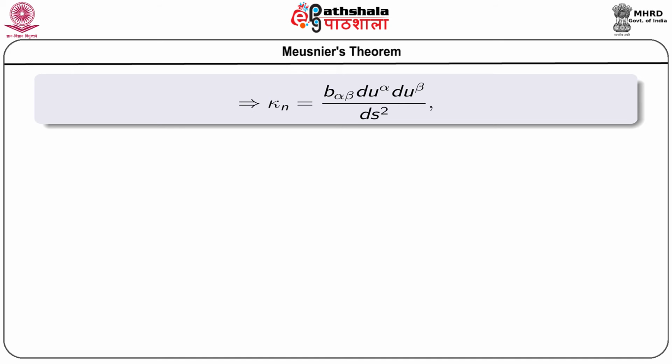So, putting that value, we get equation number 10, that is kappa_n equals b_alpha beta du^alpha du^beta by a_alpha beta du^alpha du^beta.